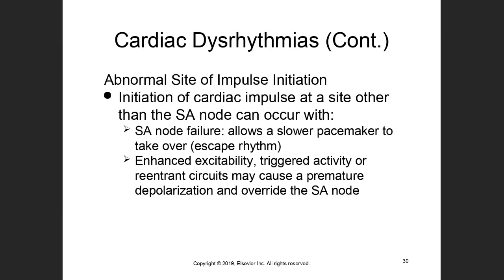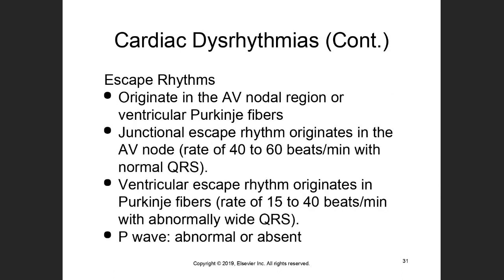Sometimes it is initiated in the AV node. The normal site that initiates the rhythm is the SA node. Escape rhythms originate in the AV node. Remember that we have the SA node, then the AV node. If you initiate in the AV node, that means that you escaped the SA node.